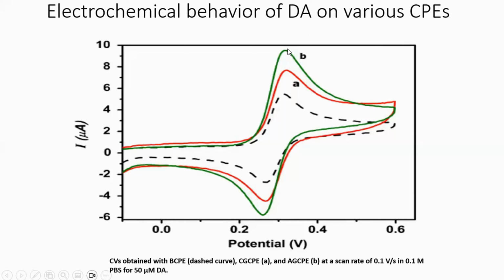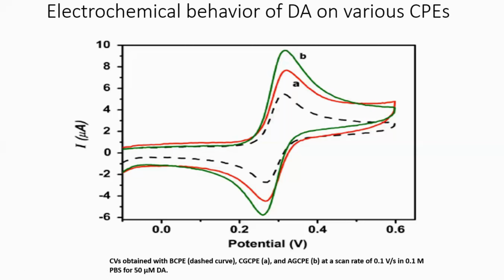So here we can see, though I have two different modifiers, from this picture it is very clear that if I add the catalyst, the maximum electron transfer process occurs between the dopamine and the electrode surface, mainly in the presence of the catalyst, right?